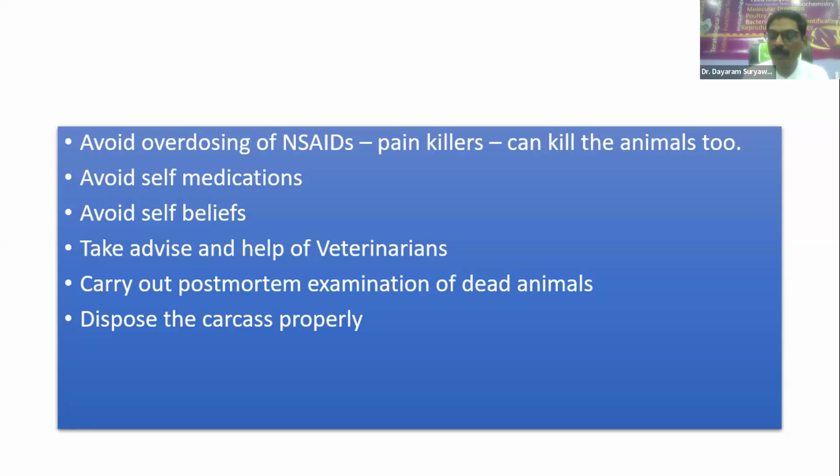Generally we are not doing it in field conditions, but it is the most important factor to rule out the different possibilities of different disease conditions. So for that purpose, we should carry out postmortem examination of the dead animals suspected of Bluetongue. Then dispose of the carcass properly. So we should keep these things in mind to control Bluetongue infection in sheep and goat.